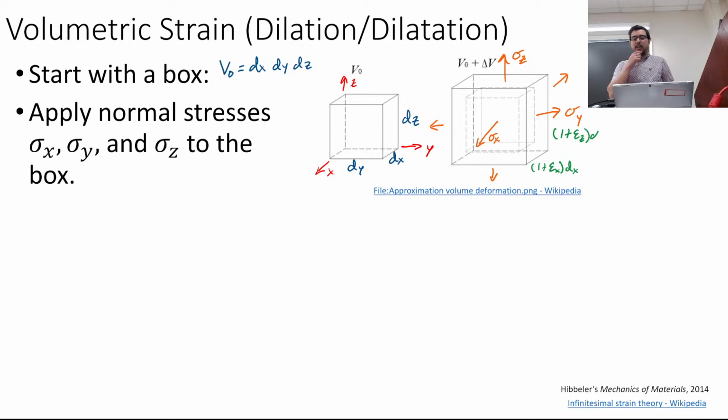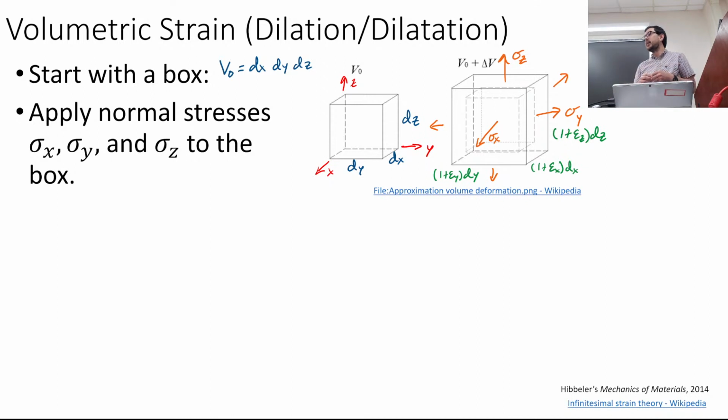If we begin to think of the change in lengths of these sides of the box, we can think of them in terms of some type of strain times the original length. So strain is typically a number much less than 1.